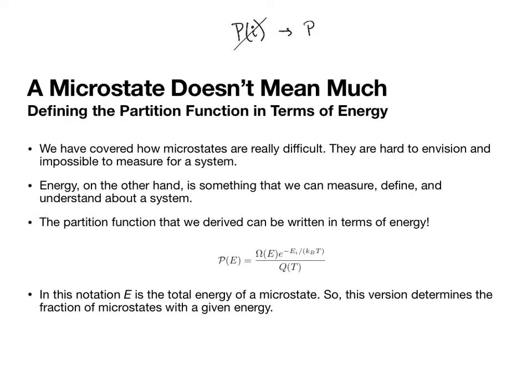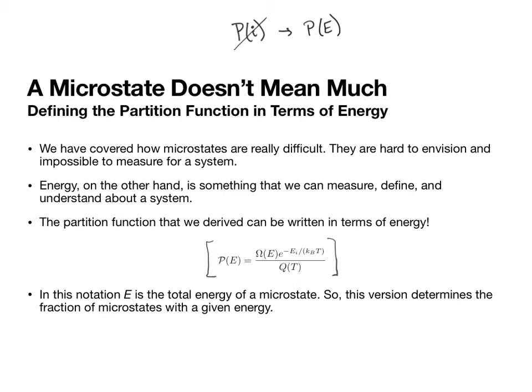Instead, what we would really like is to be able to find the probability of an energy existing, because energy is something that we can define, we can measure, and we can understand. And so it turns out that with some math, we can go from P of i to P of E, because we know that energy and microstates are linked by temperature. And so if we do that, we get this new expression for the probability of a particular energy.